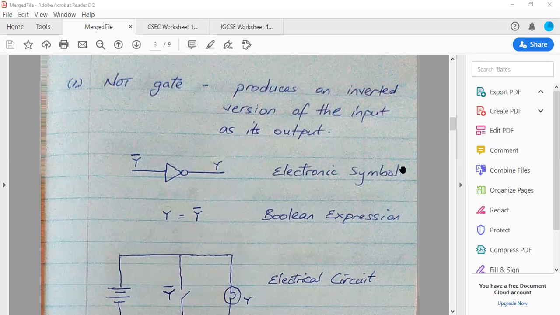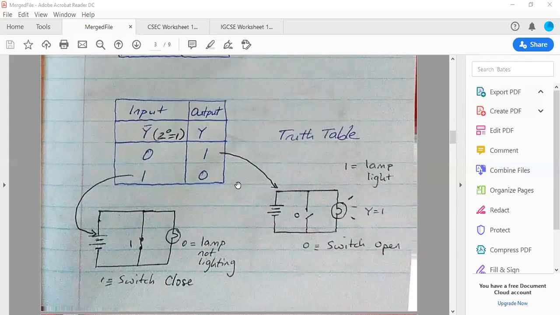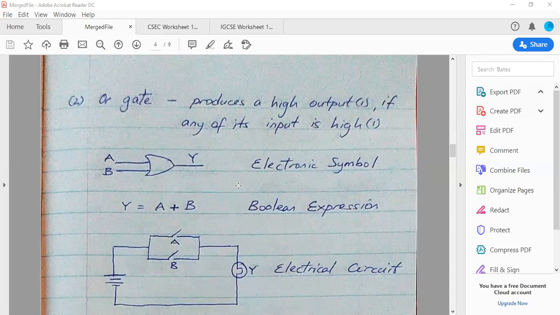Good. Any questions on the NOT gate so far? Alright, well, seeing there are no questions, we'll move on to the next gate, which is the OR gate.